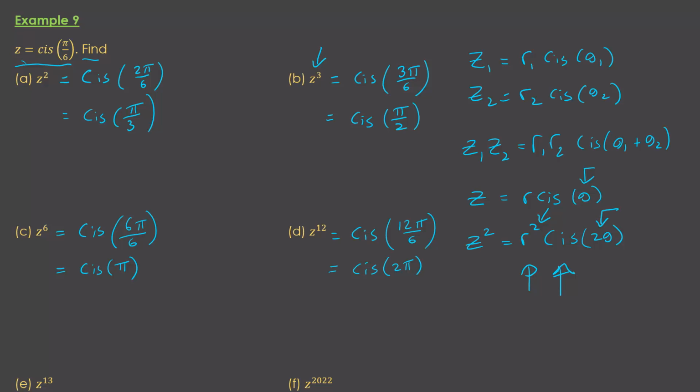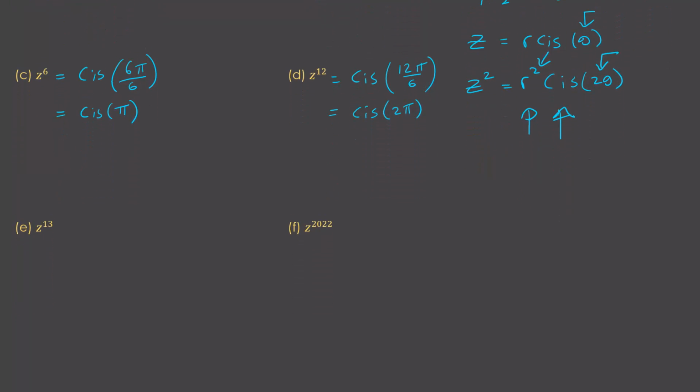Now, this is the important thing in doing the last part. When we come to z to the 13, that's going to be cis 13 pi by 6. Now we know that 12 pi by 6 has brought us all the way around the diagram to here.